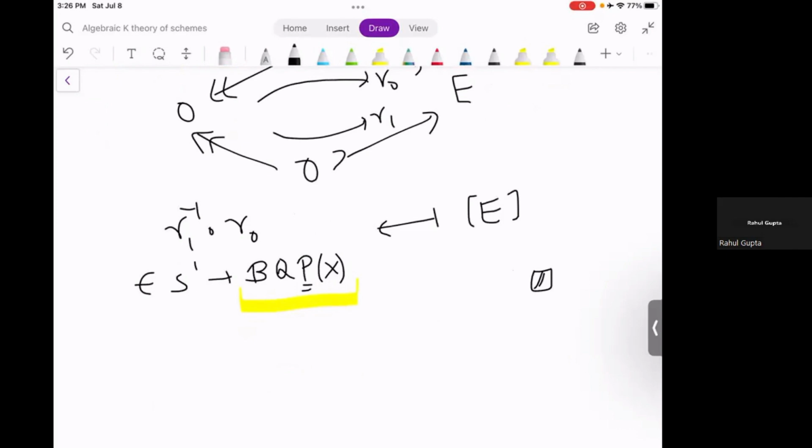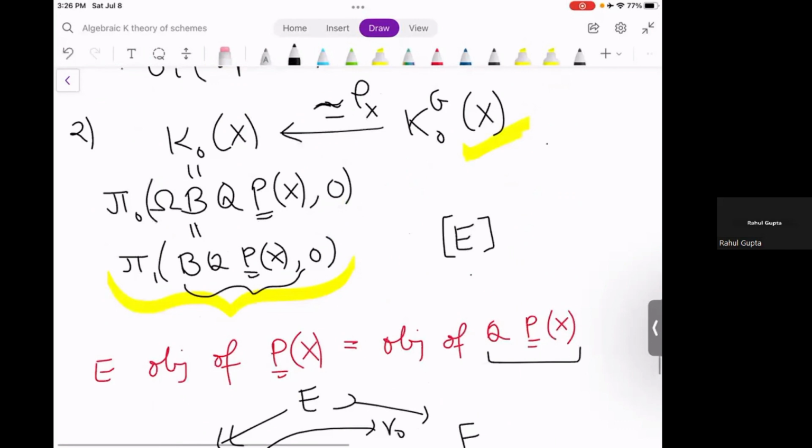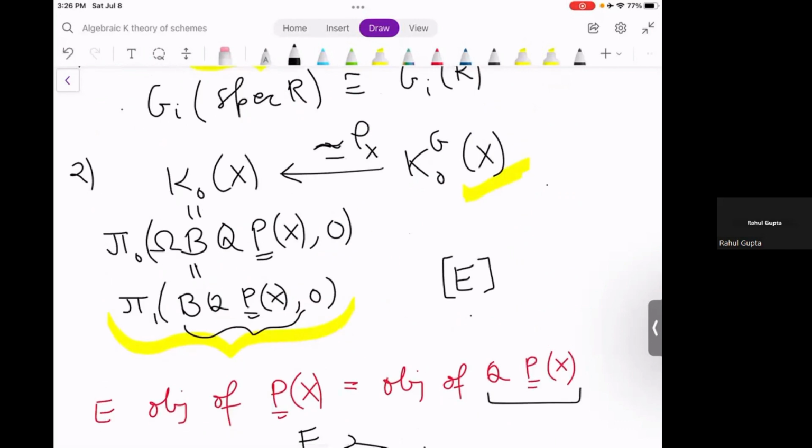Okay, so there is a nice map, which we can explicitly write, and it is proven that it is actually nice. So what we're saying is that the K naught of X is actually nothing but the Grothendieck group. So we are on the correct line, basically.